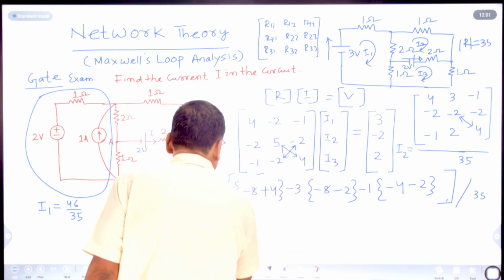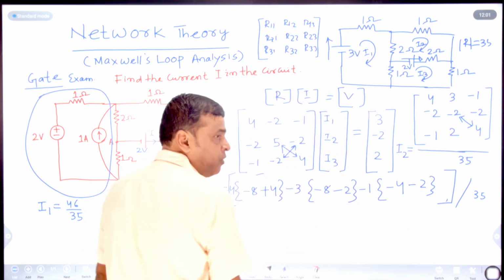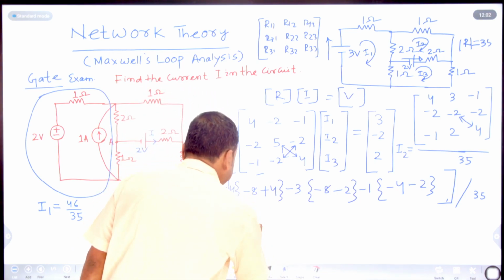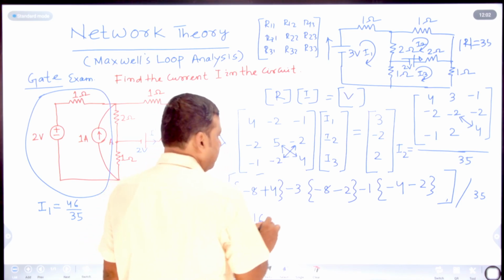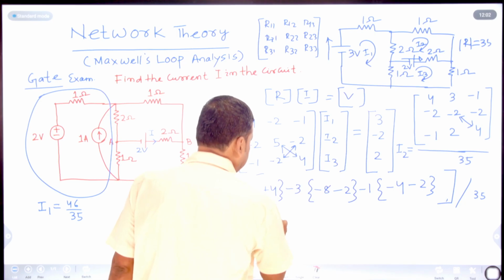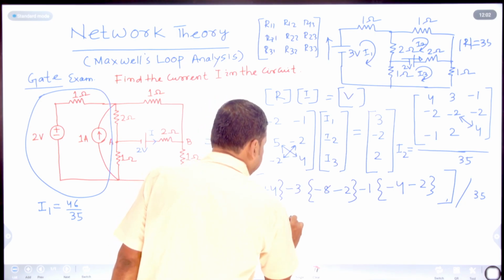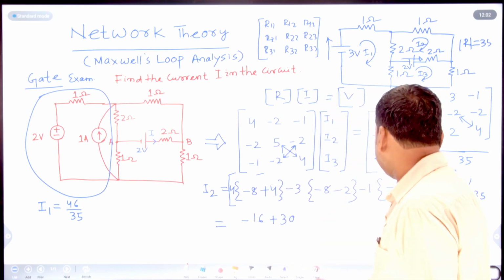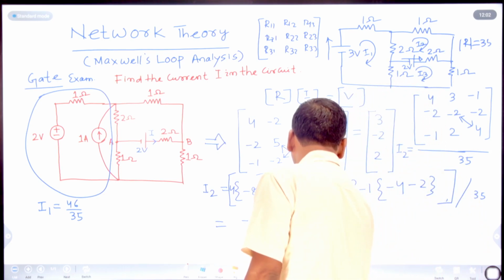If you simplify this, minus 8 plus 4, that is your minus 4. Minus 4 into 4, that is your minus 16. Then minus 8 minus 2, that is your minus 10. Minus 10 into minus 3, that is your plus 30. Again minus 4 minus 2, minus 6. Minus 6 into minus 1, that is your plus 6.